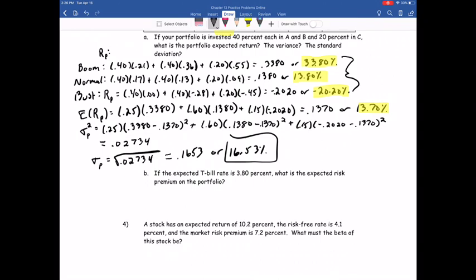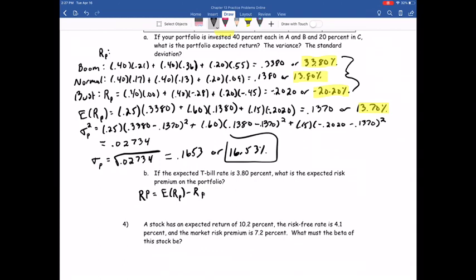Well, the risk-free rate is provided as the treasury bill rate, and so to calculate the risk premium, it is simply equal to the expected return of the portfolio minus the risk-free rate.